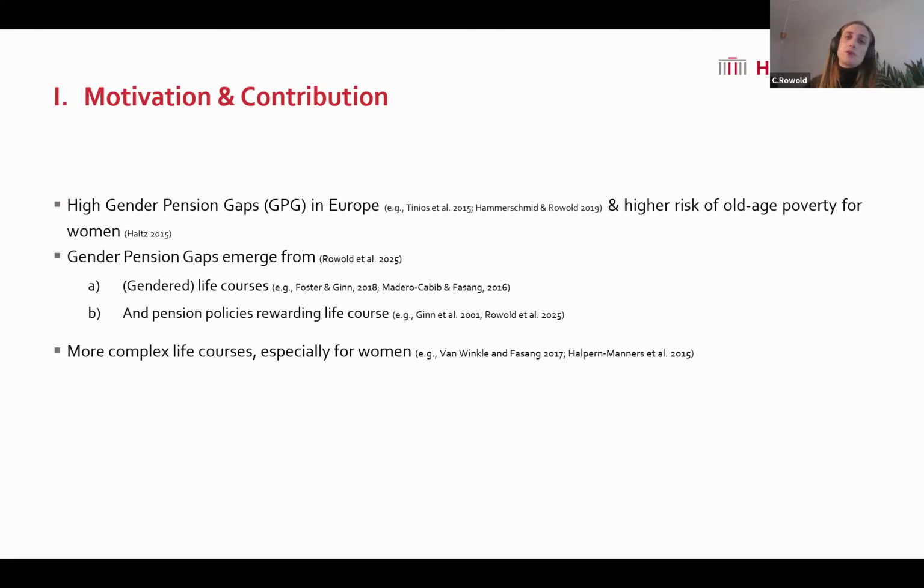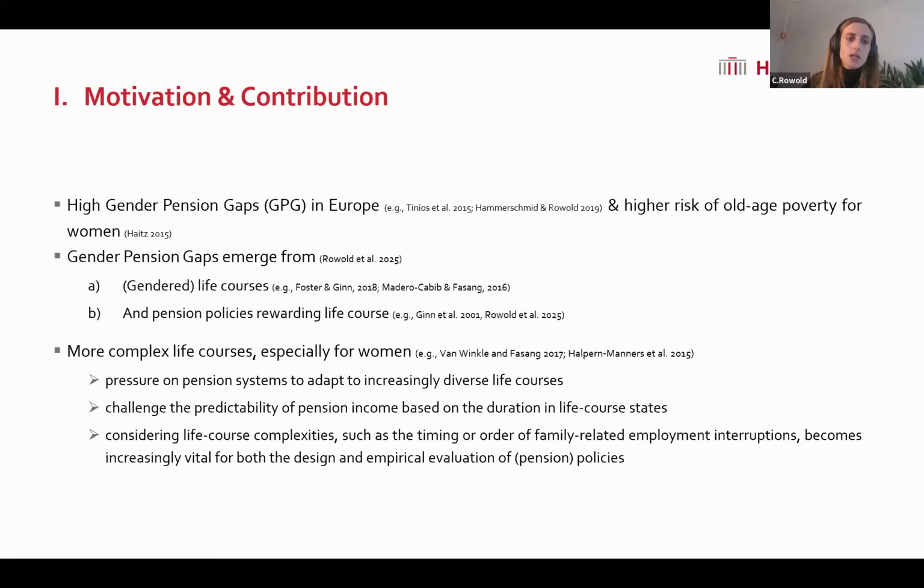What do I mean with this? For example, that individuals experience more and more different events over the life course, more work or family transitions, and also that life courses are less standardized, so they also differ across individuals more, at least for some dimensions. And this has a couple of implications.